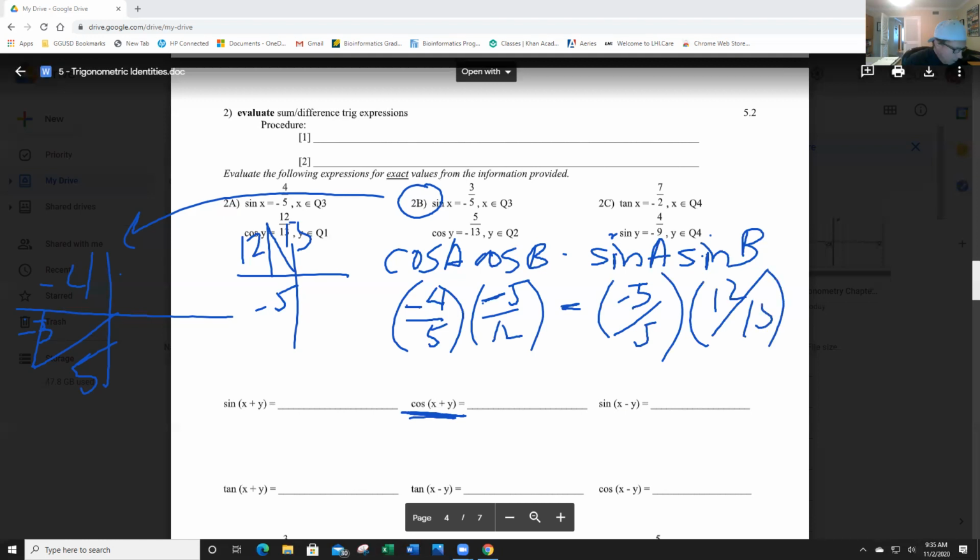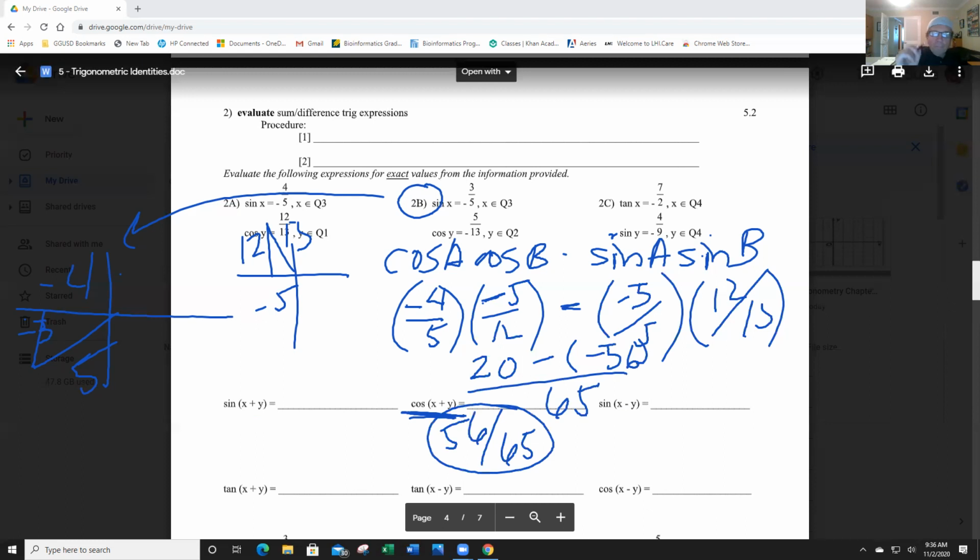So you can quickly see that you end up with 20 minus -36 over 65. And of course, when you do the double negative there, it's a positive. So it's 56/65.